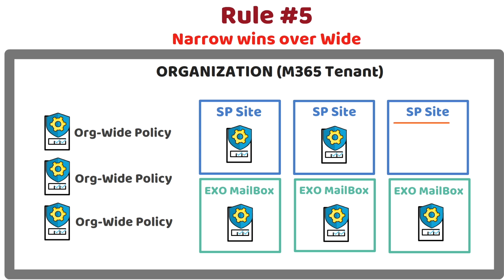Additionally, you can apply retention labels to individual libraries. If you have a retention policy applied to the entire SharePoint site, a retention label applied at the library level will override the site retention policies. In this case, the retention label actually follows the explicit over implicit rule we discussed earlier, but I thought it would be worth mentioning here in this section.